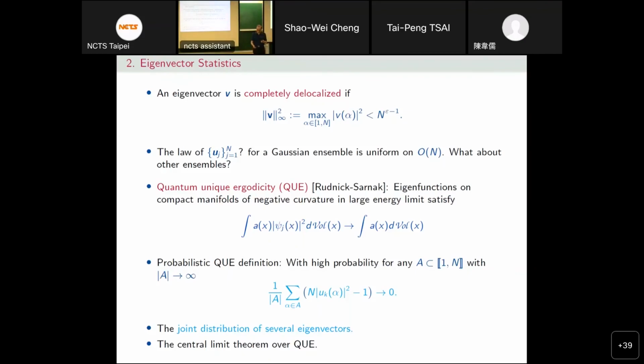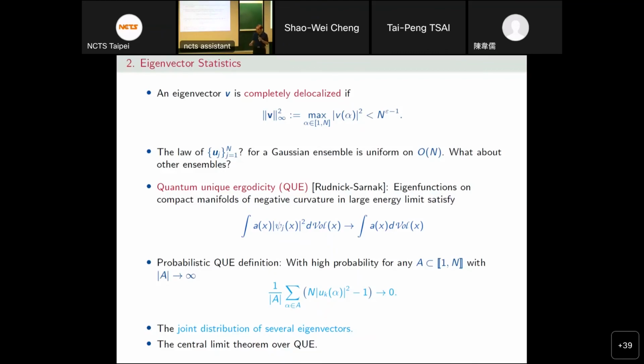Does that epsilon depend on the type of random matrix? No, the epsilon is an arbitrary positive number. You can prove this for arbitrary epsilon. So for any epsilon, you have the estimate. But then the coefficient in front of the estimate depends on epsilon.